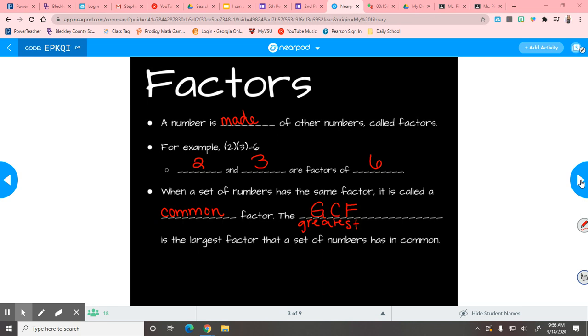All right. So, if we're in a race, and me and Reese are racing, and if Reese beats me, he won, right? He got first place. Can more than one person have first place? No. If we try to find the greatest or the tallest in this class, are we going to have more than one?